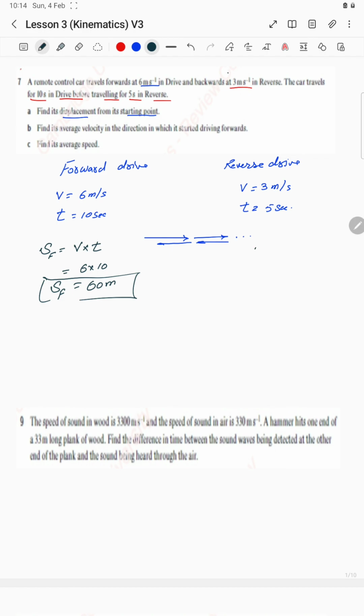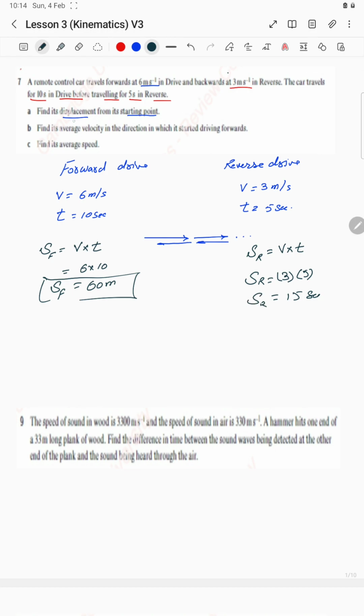Similarly, for the distance traveled in reverse, same v times t. So for reverse, v is 3 and time is 5, so we get 15 meters.